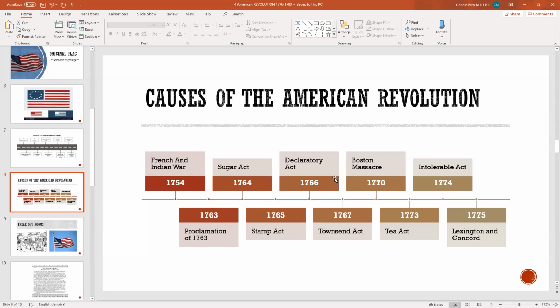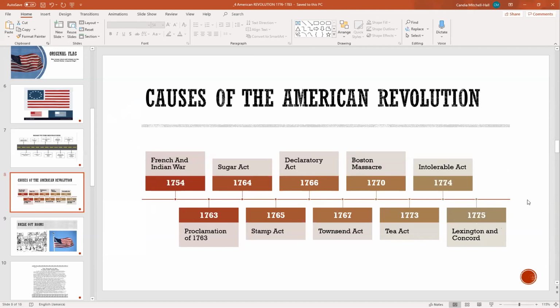Who was their mother country? England. England or Britain, because by 1707, the name England would have been a united colony, so they are going to fight against Britain, right? Great Britain.